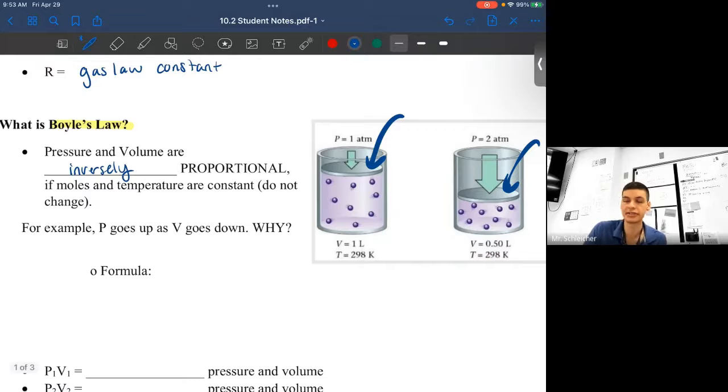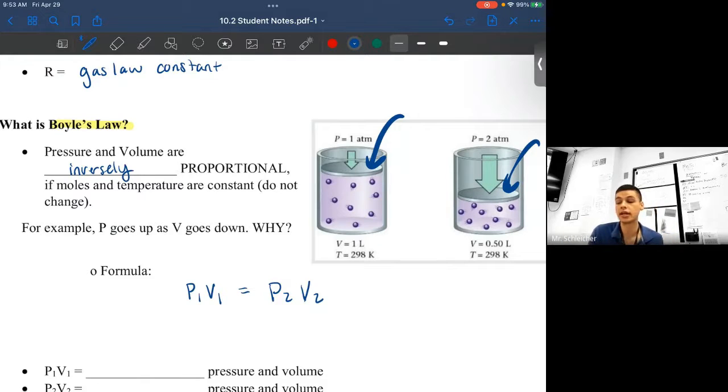So the formula that we use to calculate this relationship is P1 times V1 is equal to P2 times V2. Okay, so what does this mean? Well, the P1 and V1 stand for the pressure and the volume of the gas initially, and then the P2 and the V2 stand for the pressure and the volume of our gas sample after we change something about it. Did we change the volume?